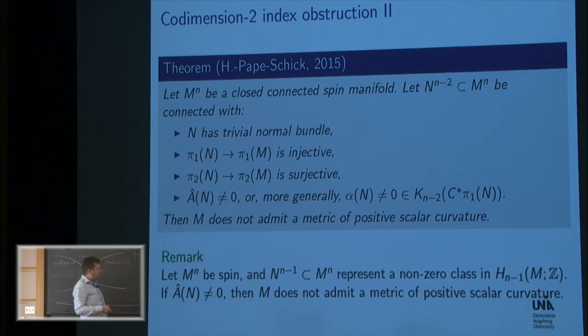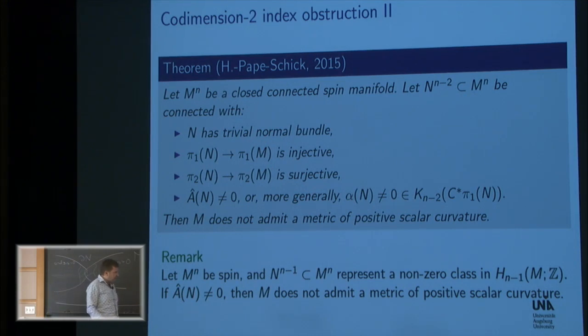On pi 1, we must be injective. On pi 2, we must be surjective. And we assume that the A-hat genus of the submanifold is non-zero. So this submanifold of codimension 2 is now meant to be the obstructor to positive scalar curvature, and under these conditions, actually, M itself does not admit a positive scalar curvature metric.